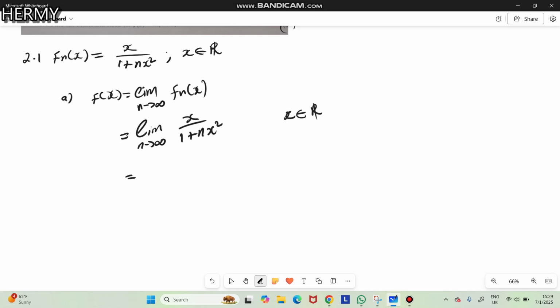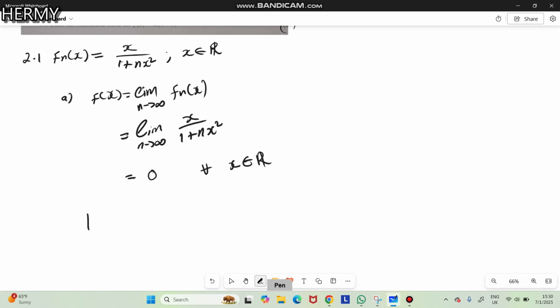If you put any number here, you will get 0 irrespective of what you put. Put 4, 5, 6, -2, negative half, a fraction, a ratio, or any number, you'll get 0. So it will be 0 for any x in the real numbers. Then since you get 0, you have to find the uniform convergence.